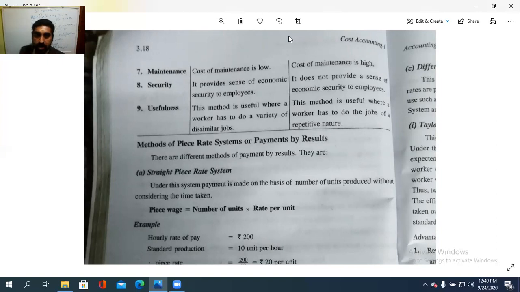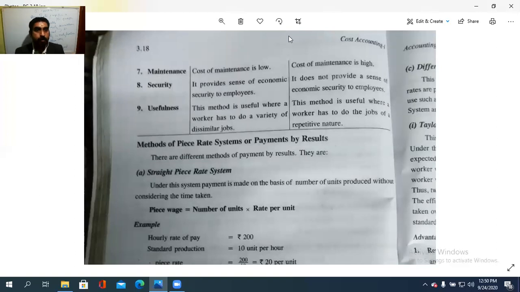Then security. It provides a sense of economic security to the employee, because there is no feeling of insecurity there. The matter is that efficient workers and inefficient workers are given the same remuneration, because only the time spent by each worker on each job needs to be taken in case of a time rate system.